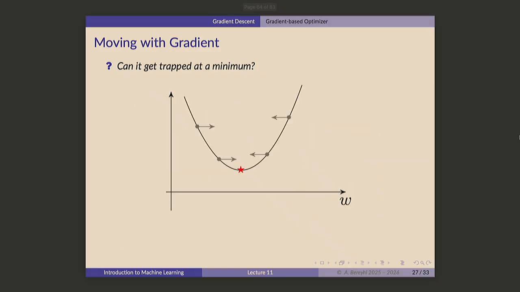The only case where it can end up is a minimum. Because if you are at one point and you move in the minus gradient direction, it tells you go down, down, down till you hit the minimum. Even if I get to that point and perturb it around, it's going to get back there again.